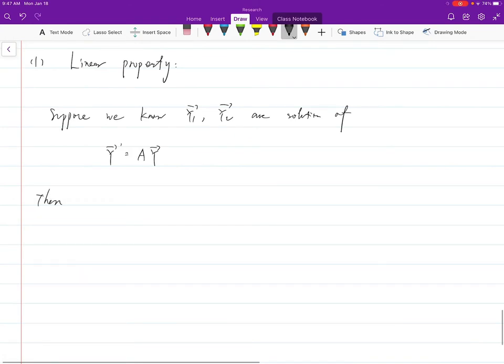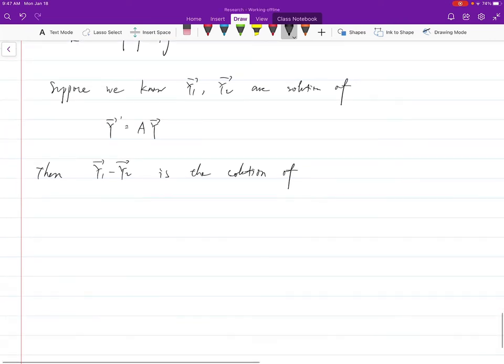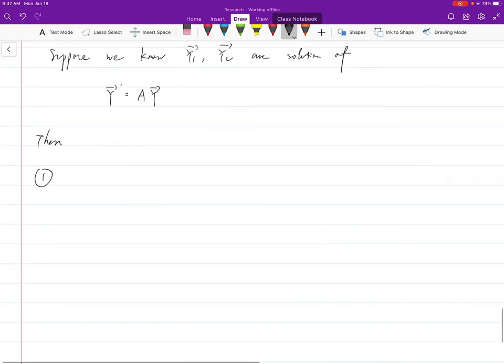Then y1 minus y2 is the solution of, let's say, this. We can actually write this down directly. Then y1 plus y2 is a solution.